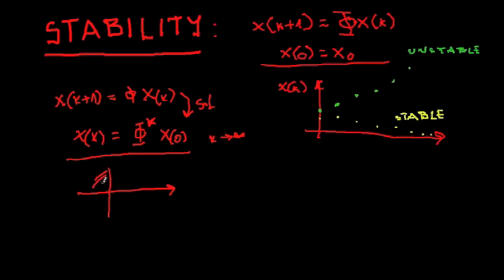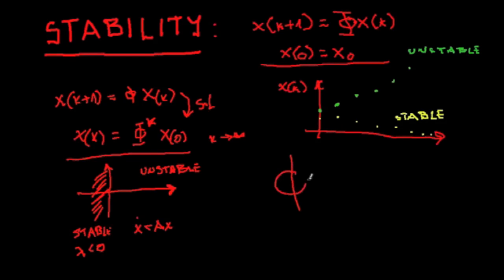Here we claim that on this side we were stable when the eigenvalues of the continuous system representation x dot equals A x were negative, so lambda was less than 0, and unstable here when the eigenvalues were greater than 0.